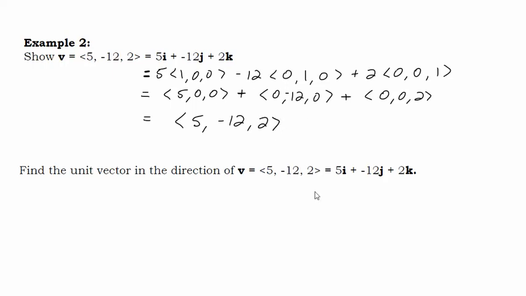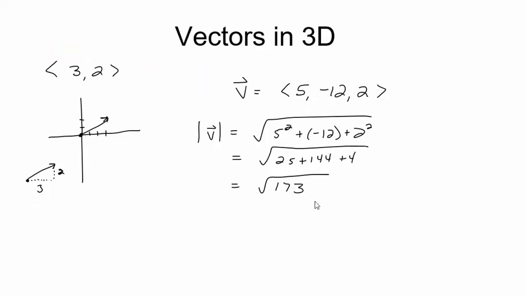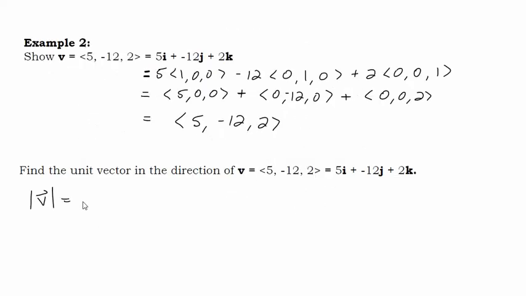Now, if I want to find the unit vector in the direction of vector v, that means it's headed in the exact same direction, but it only has a magnitude of 1. We figured out in a previous slide that our vector v had magnitude square root 173.